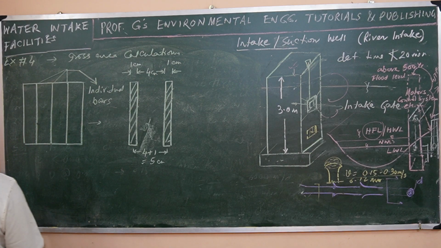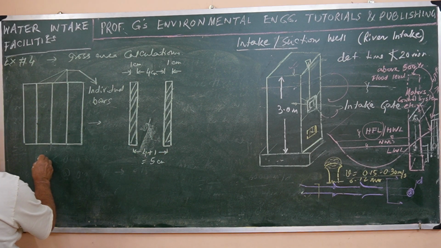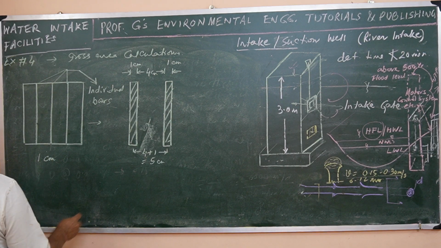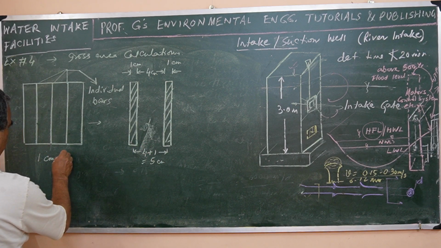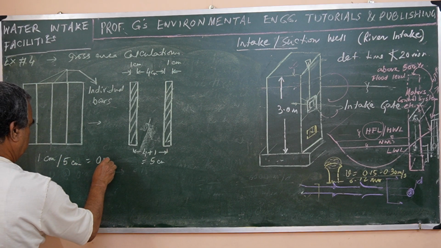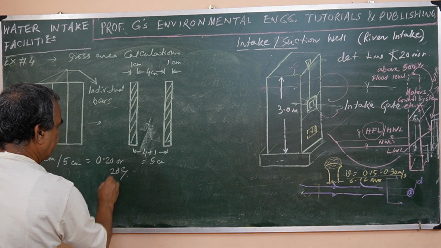The fraction of the area occupied by bar, that means 1 centimeter is occupied out of 5 centimeters. So 1 by 5, that is 20%.